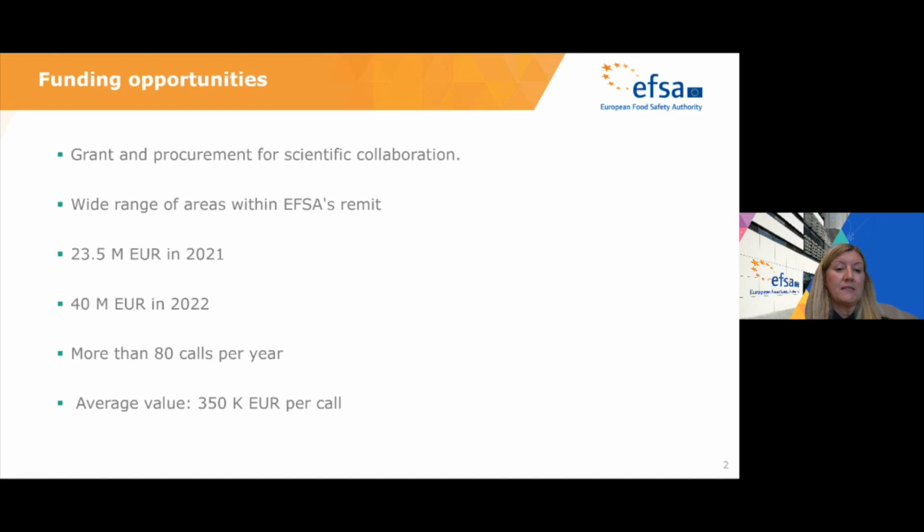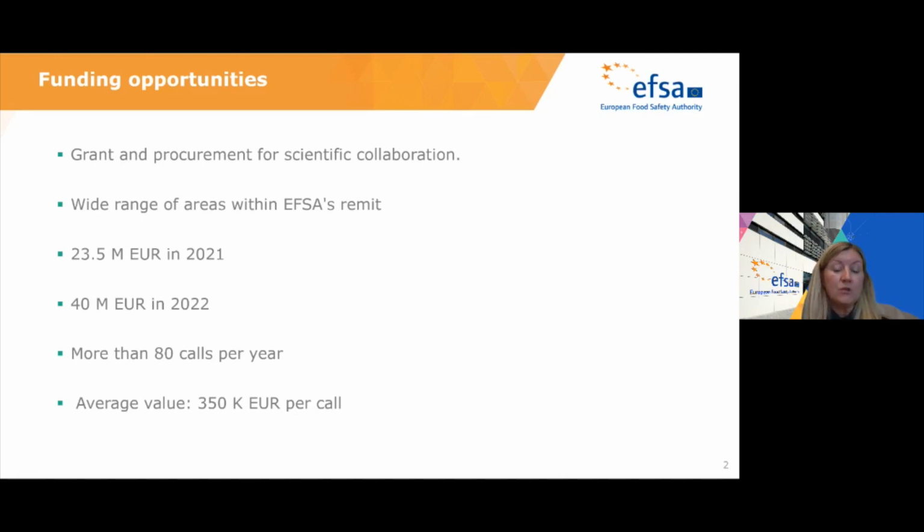Now, how does that translate in terms of the number of opportunities available? More than 80 calls for proposals, so grants, and calls for tenders, so in the procurement field, are launched on average every year. In EFSA this year, it was more than 80 in the procurement and grant scientific field. The average value of those procedures is around 350,000 euros per call.